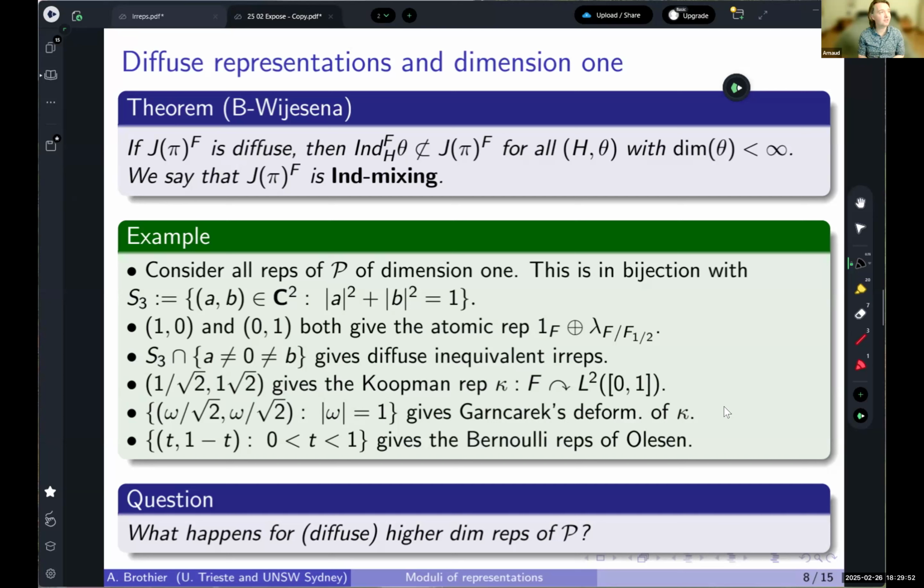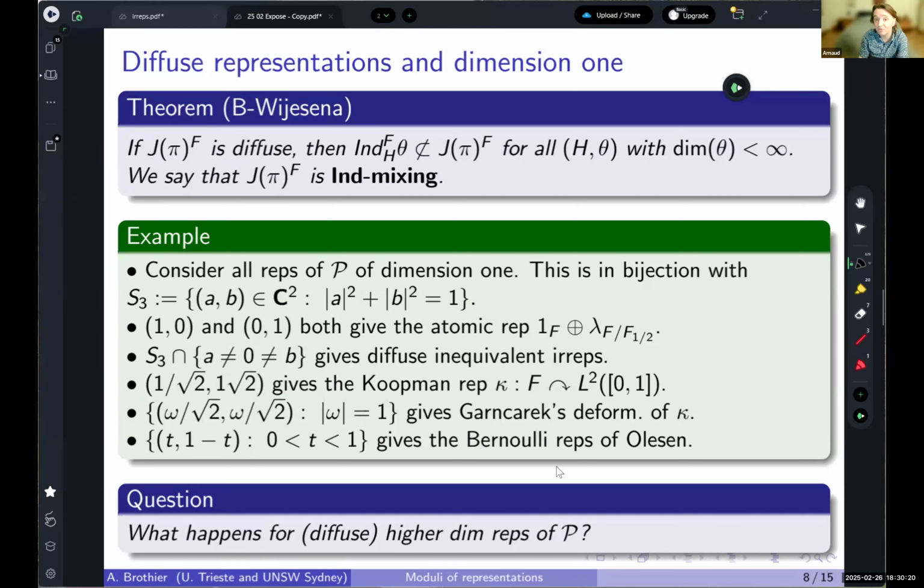He saw it as an analog of the principal series of representations of SL2. And if you take other numbers, for example, you get another family that was studied before by Olesen in a different way in his PhD thesis. I think it was following an advice of Mono, actually. Maybe Mono and Musa.